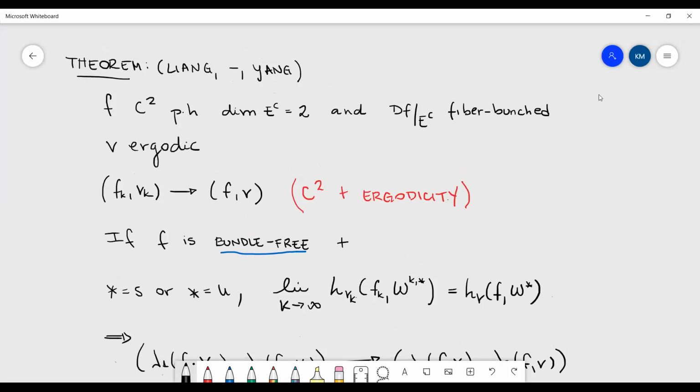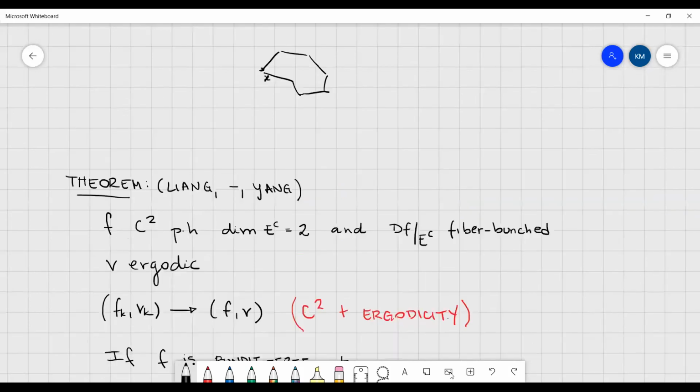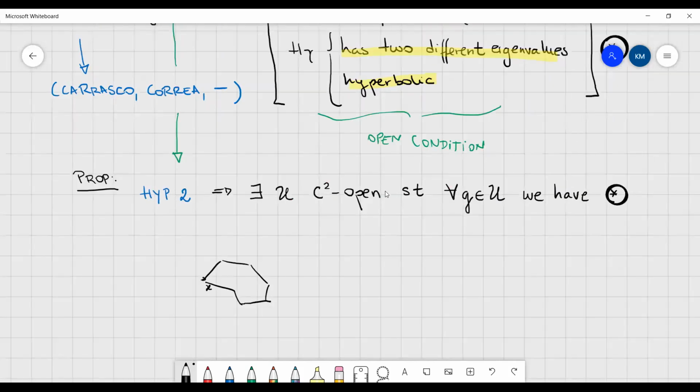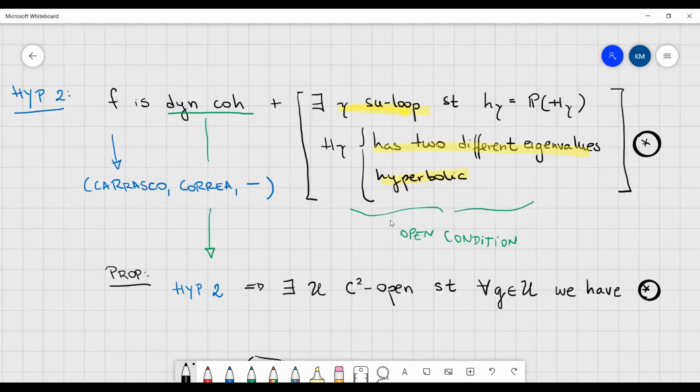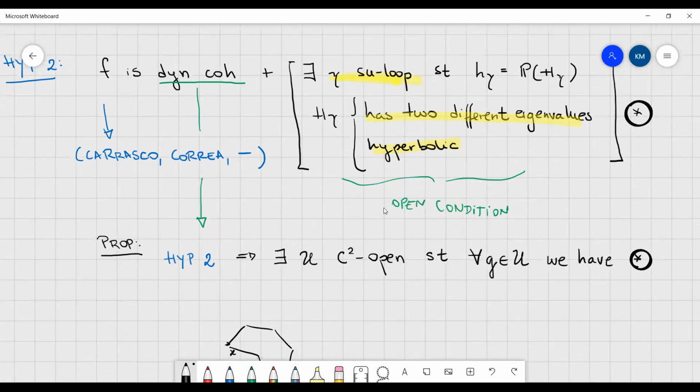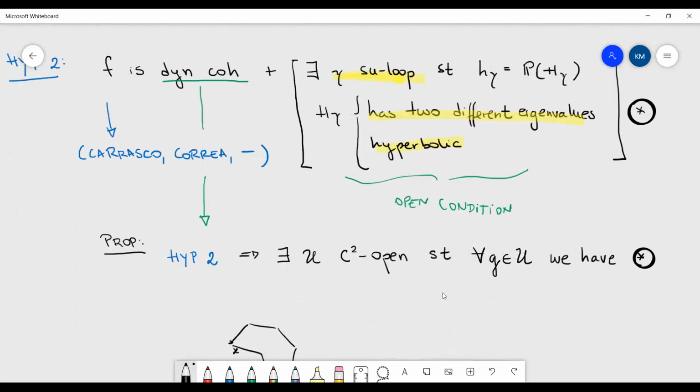Could you show your condition on the existence of the loop? You have this hypothesis where you have this loop. But my question is, when you have one loop like this, do you have infinitely many, or you have a kind of, I don't know how to say, density or something like this? Maybe.